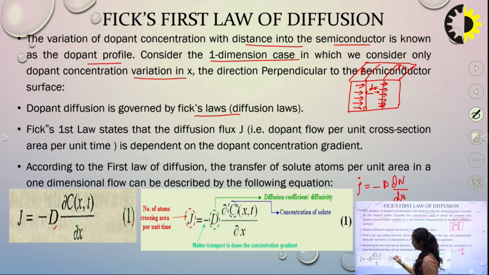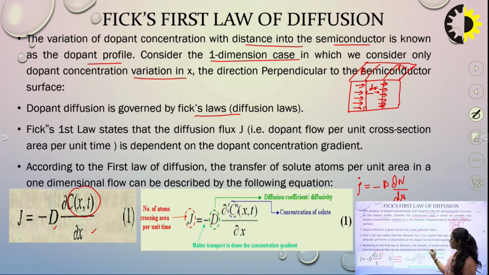Here it is the concentration, the concentration at a certain distance at a certain time. So this is the dx over which we are going to do the diffusion.